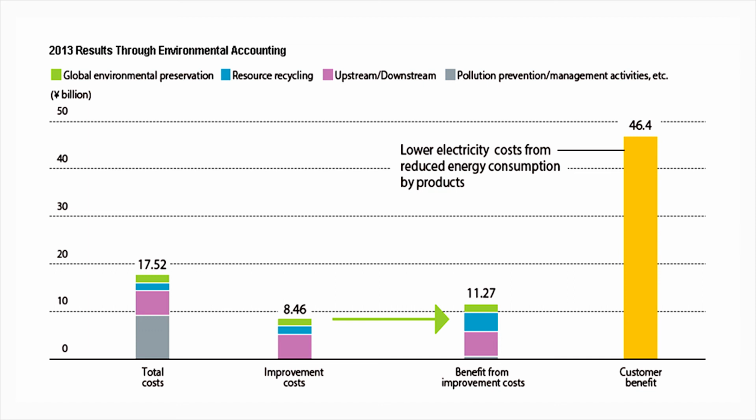Of this amount, 8.46 billion yen was dedicated to improvements in such areas as countermeasures for global warming and the efficient use of resources, which at the end of the day resulted in benefits of 11.27 billion yen. In summary, environmental accounting contributes towards achieving sustainable development.